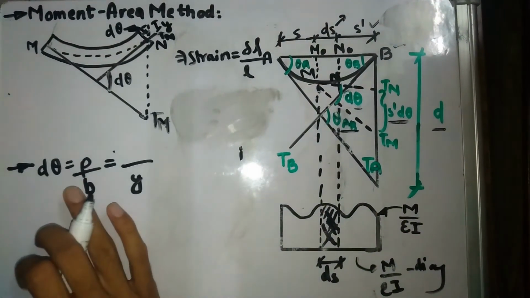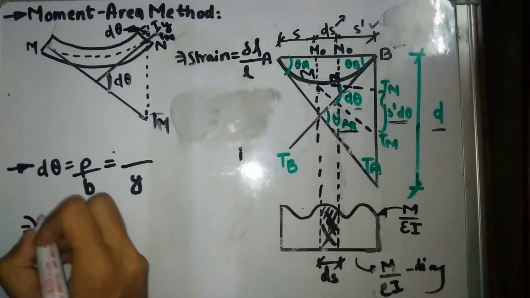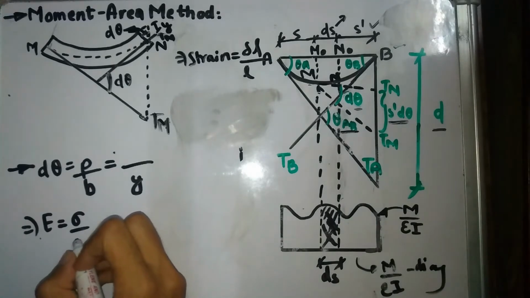Now for our perpendicular p, we're going to use some of our small formulas. We have our Young's modulus E equals to stress by strain.